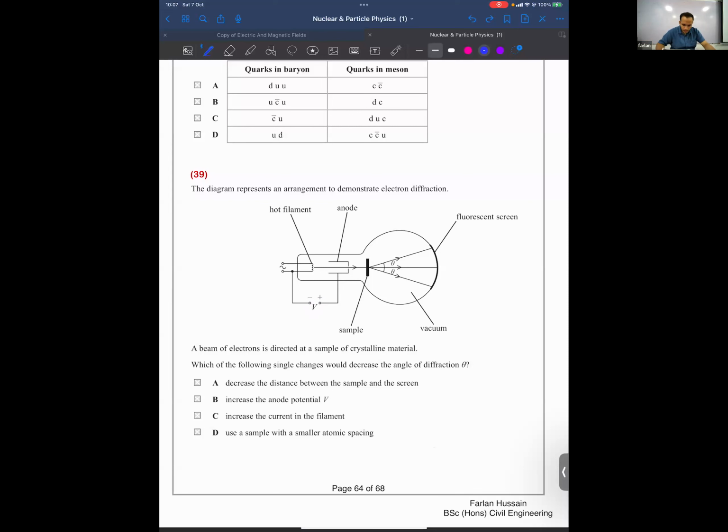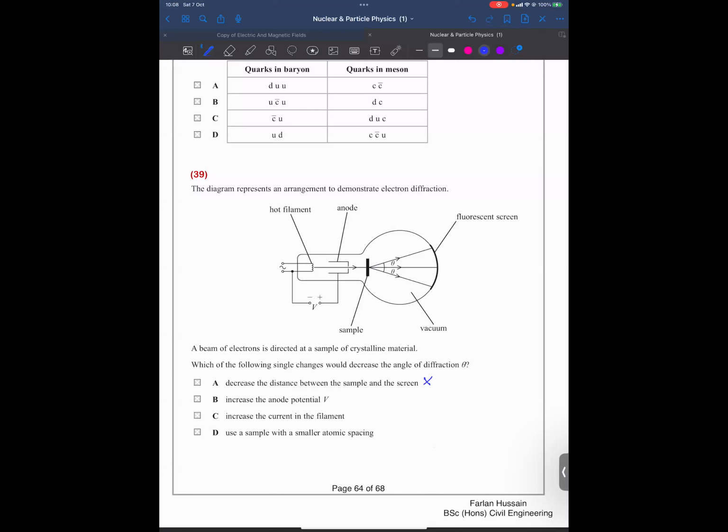This is actually connected to diffraction that we learned. Read the question again. A beam of electrons is directed at a sample of crystalline material. Which single change would decrease the angle of diffraction, which will reduce the angle of diffraction? Decrease the distance between the sample and the screen.